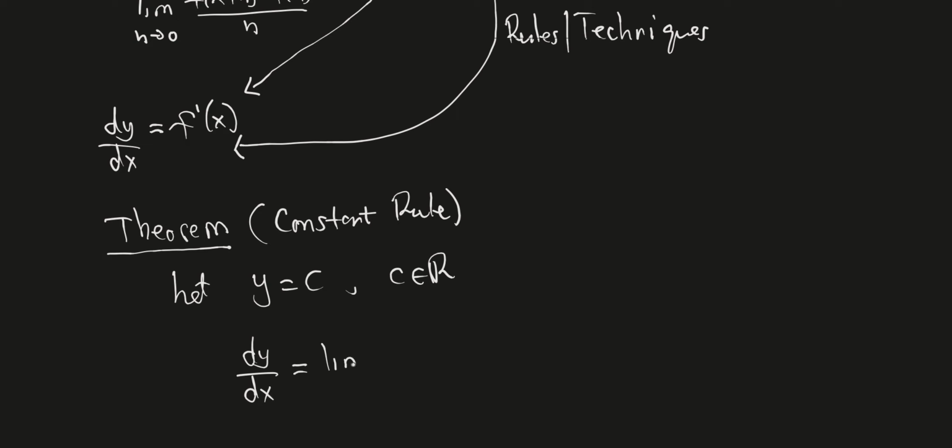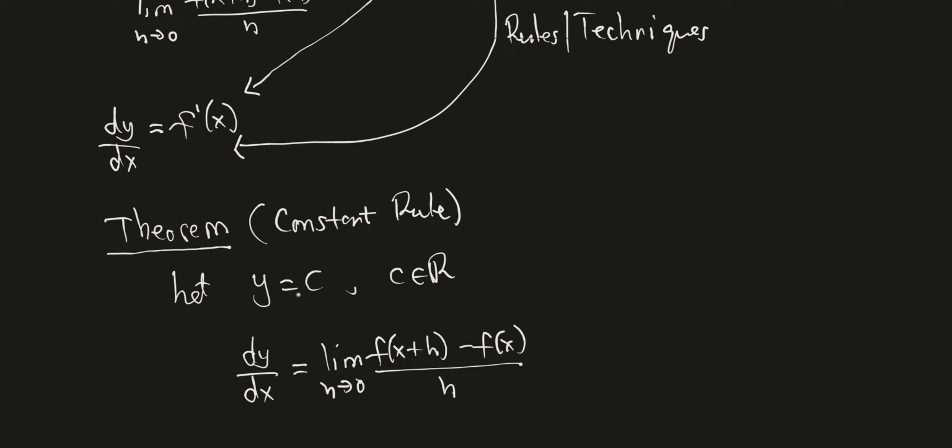And for now, it's still a limit, right? But not for long, because we're going to figure stuff out. So we have our constant function, and now we first have to simplify this difference quotient like we've done in every other problem up to this point, and then compute the limit.